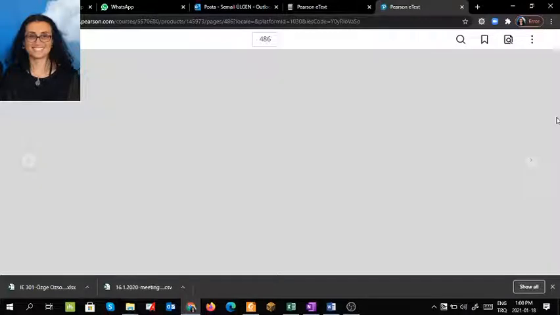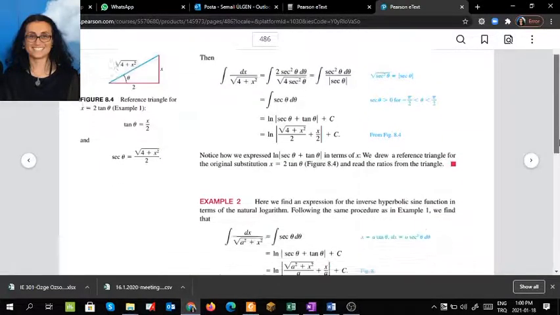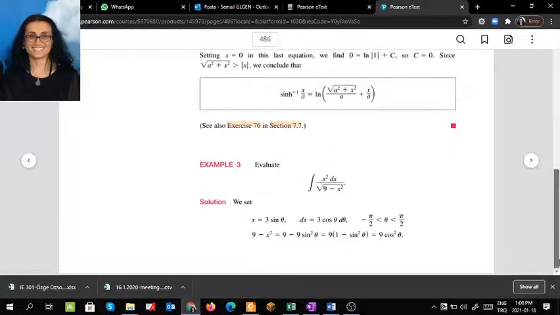So in this example, for example, you would use x squared dx over square root of a squared minus x squared. Okay, so here, as you will see, this is the square root of a squared minus x squared, so you get x is equal to 3 sine theta.